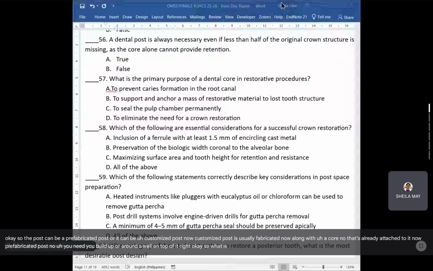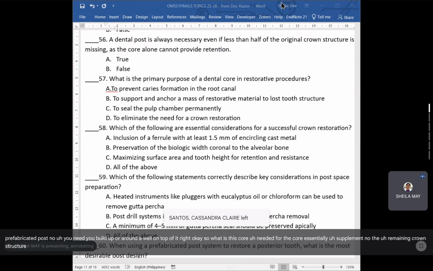Okay, so what is this core needed for? The core essentially supplements the remaining crown tooth structure, the coronal tooth structure, to retain your crown or the final restoration, whatever type of prosthodontic crown it is.